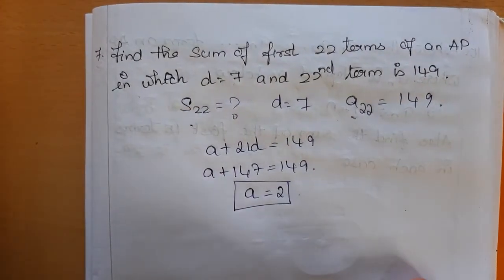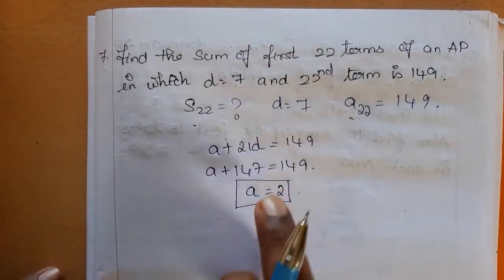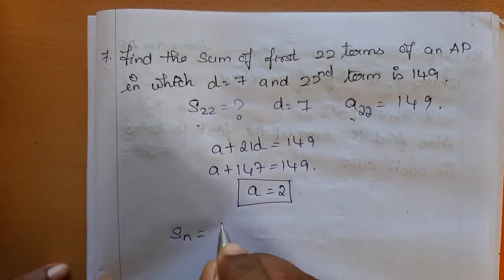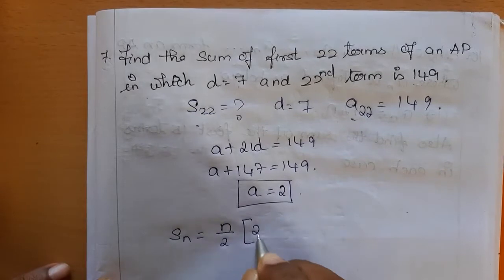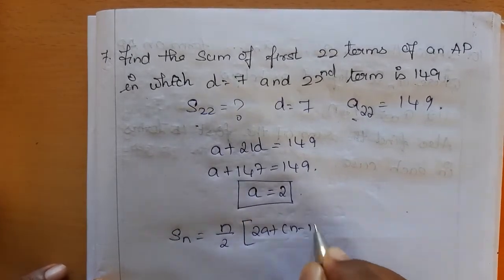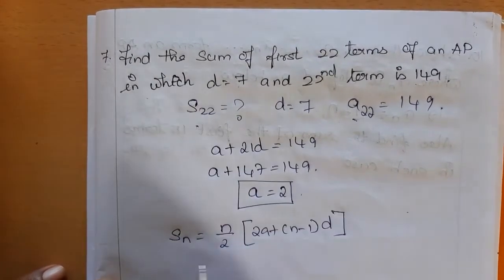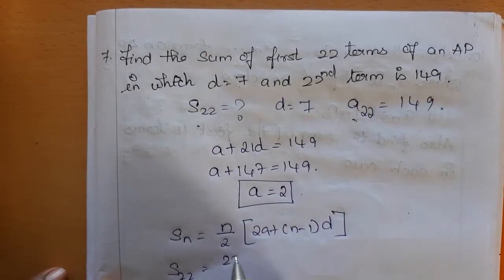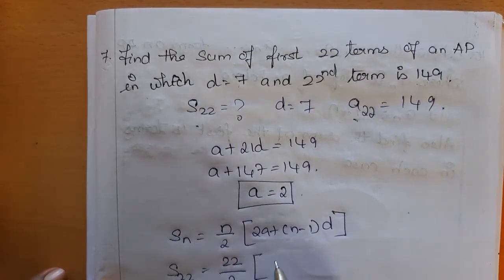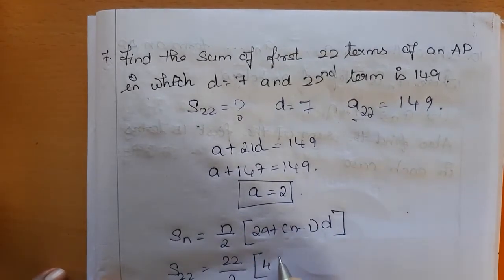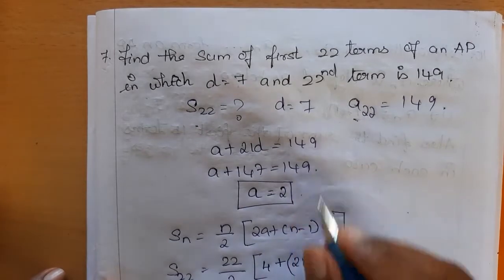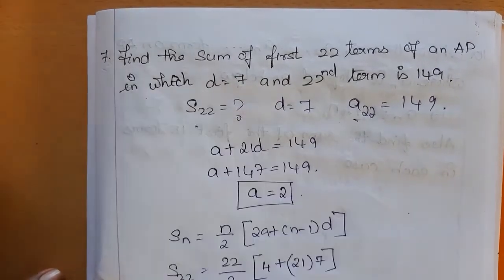Now let me substitute the values of a, d and n in S22. So Sn is equal to n by 2 into 2a plus n minus 1 into d. Here we need S22. So S22 is equal to n is 22 by 2, 2a is 4, plus n minus 1, 22 minus 1 is 21, into the d value, 7. This we already know, right?